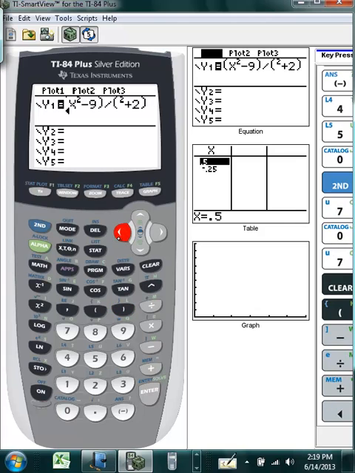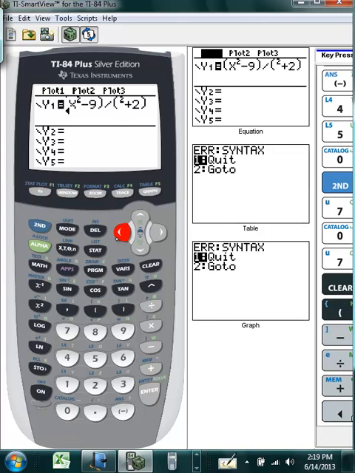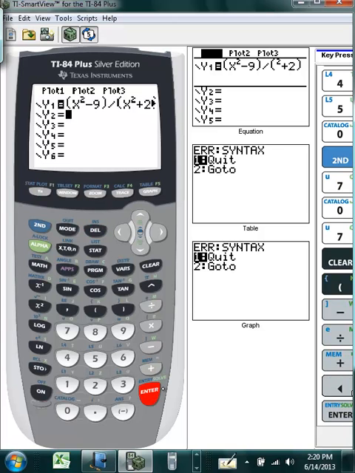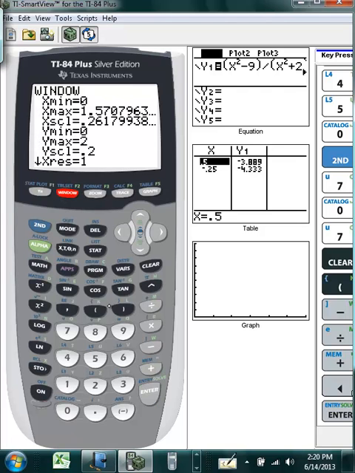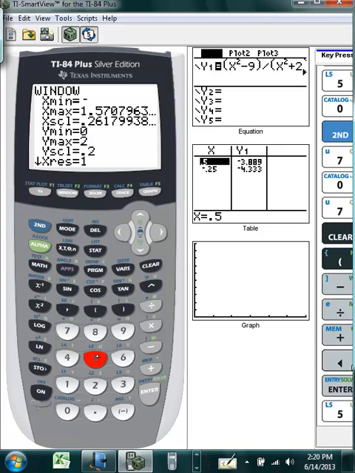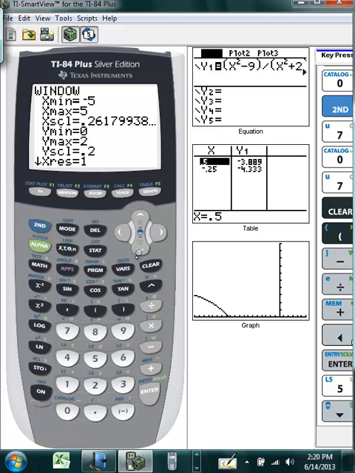Now, hold on. I realized that I made a mistake here. There's my x squared plus 2. There, right, so now let's go ahead to our window so we could set our viewing window. And maybe let x go from negative 5 minimum to positive 5 by 1s.